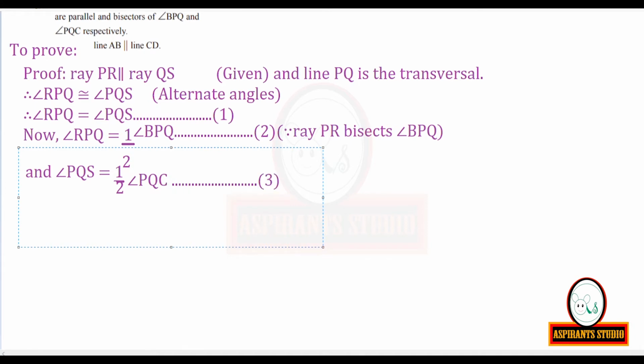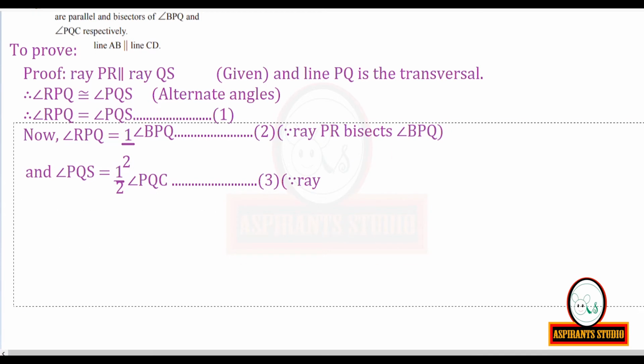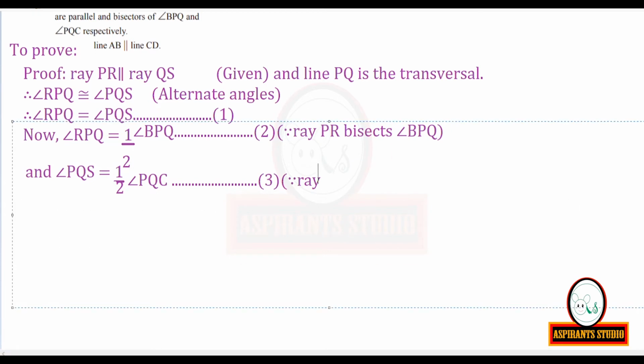Now let us compare equations 1, 2 and 3. Look at equation 1, equation 2 and equation 3. Now substitute what is there in equation 2 and 3 in equation 1.